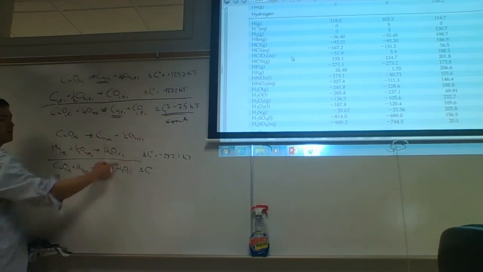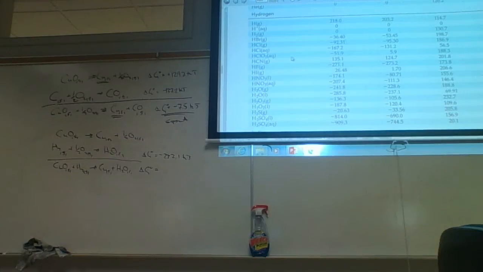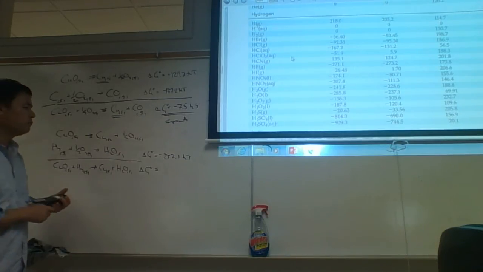Rather than forming carbon monoxide, we're going to form water. And this is going to be much more spontaneous because this is going to give us an overall delta G of 129.7 minus 237.1, which equals minus 107.4.